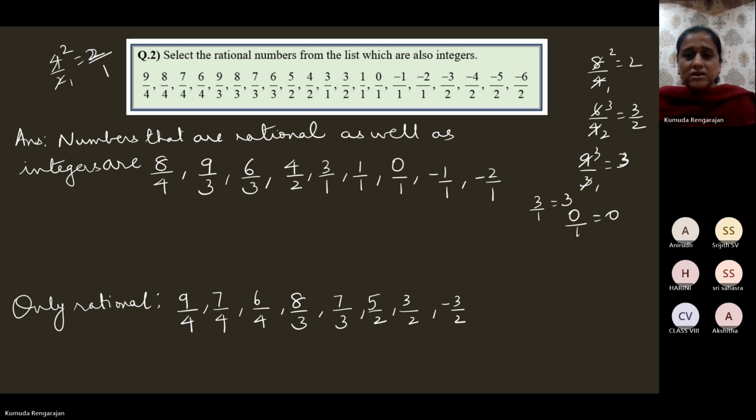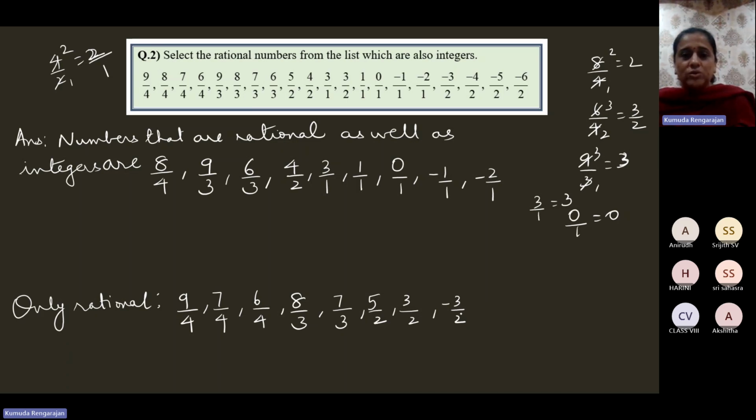If you have to identify a number as an integer, it should be a natural number, or the negative of a natural number, or 0. So when you look at minus 3 by 2, it's not a natural number. 3 by 2 is not a counting number.